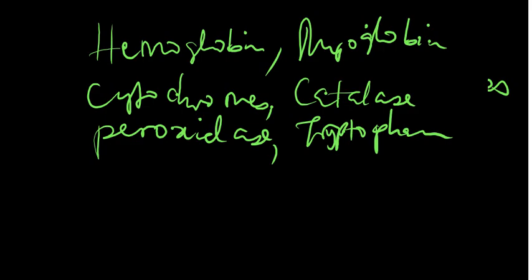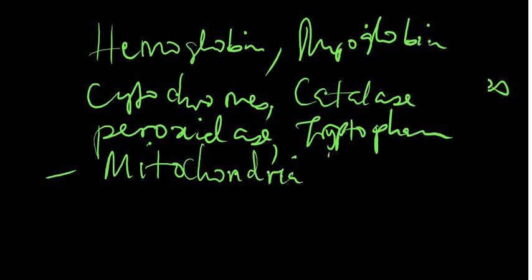To start with, heme is synthesized in almost all mammalian tissues. The organelles where heme metabolism occurs are the mitochondria as well as the cytosol.